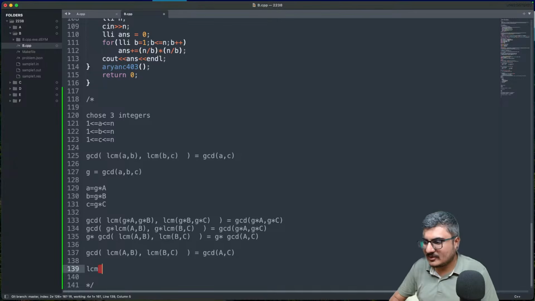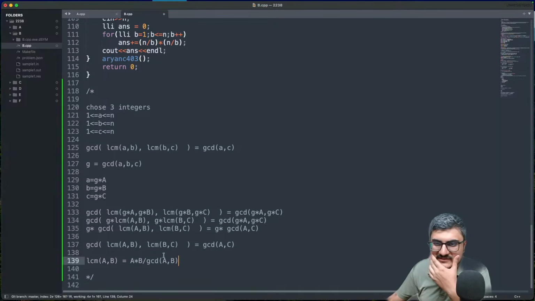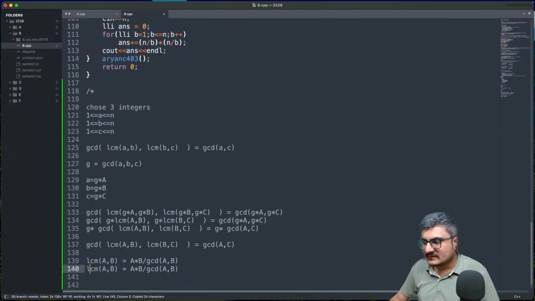Then how does LCM of A comma B look like? A into B divided by GCD of A comma B, right? This is the identity of LCM and GCD comparison. Similarly, LCM of B and C would be B into C divided by GCD of B comma C. This is one of the identities for LCM and GCD of numbers.